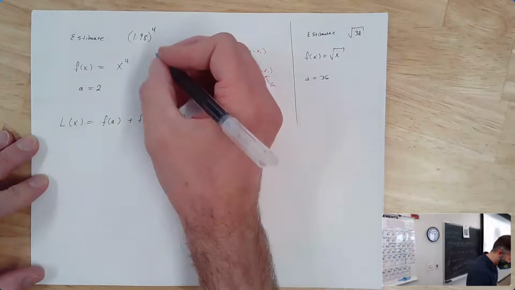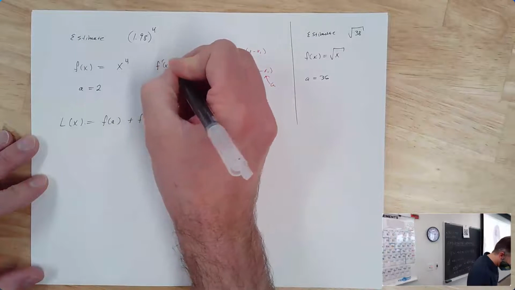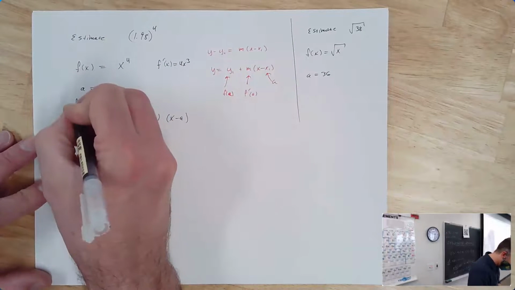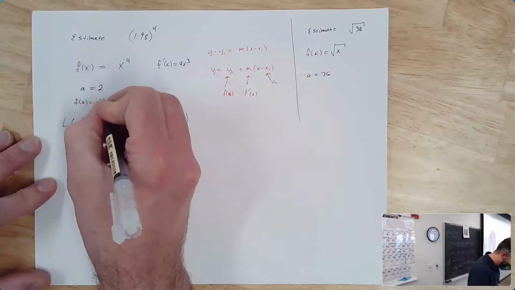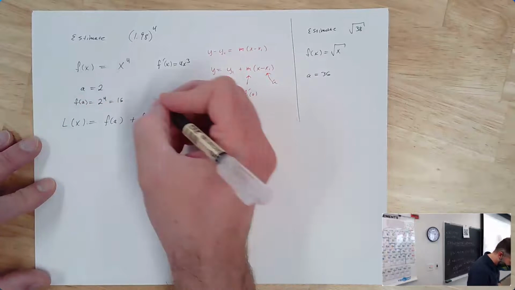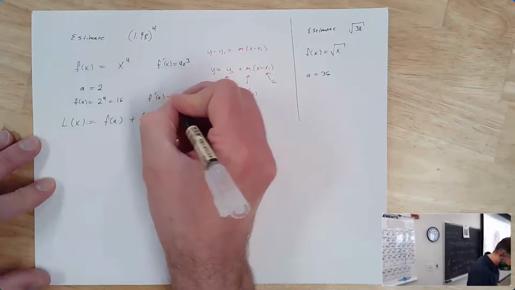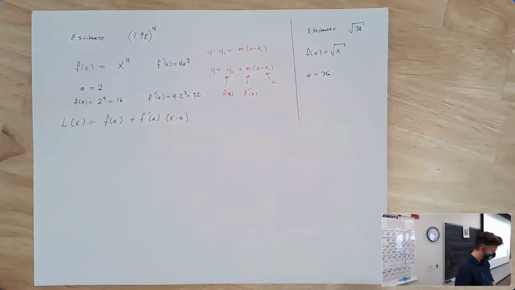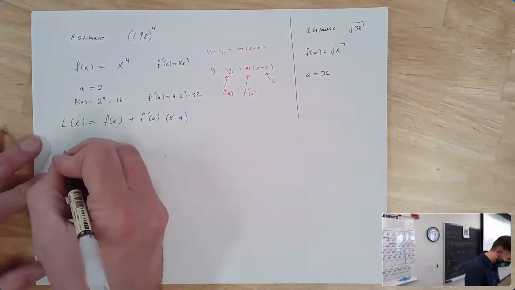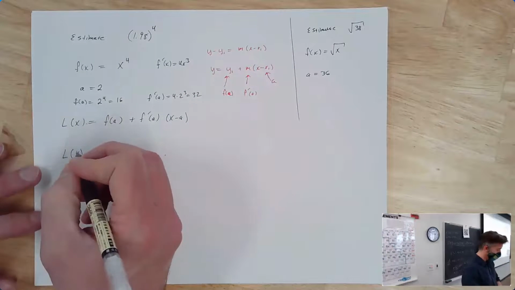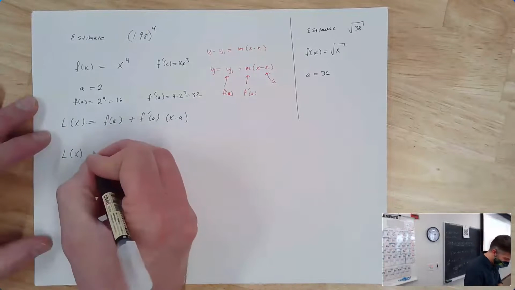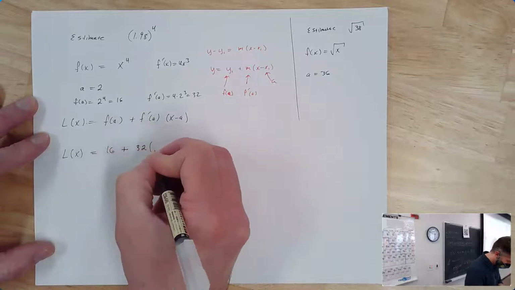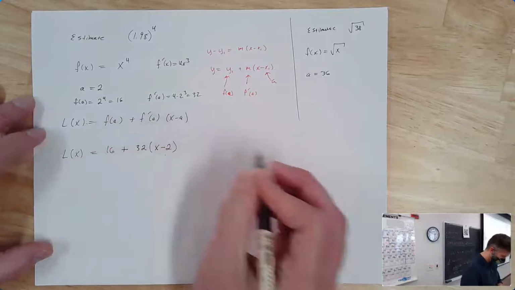So I should probably find the derivative, which is 4x cubed. And then f of A is going to be 2 to the fourth, which is 16. And f prime of A is going to be 4 times 2 cubed, which is 32. So my linearization, aka my tangent line, is 16 plus 32 times x minus 2.